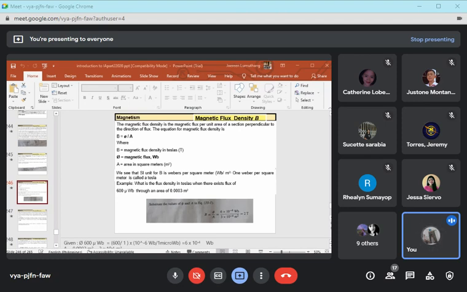So the magnetic flux density is the amount of flux passing through a unit area at right angles to the magnetic field lines.